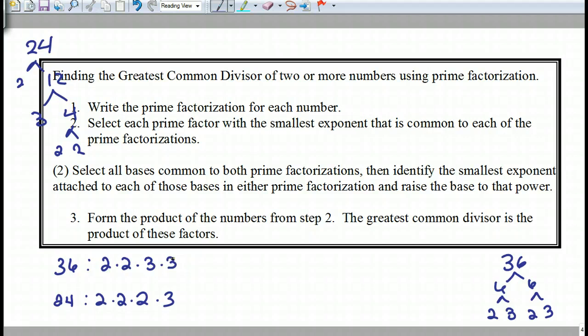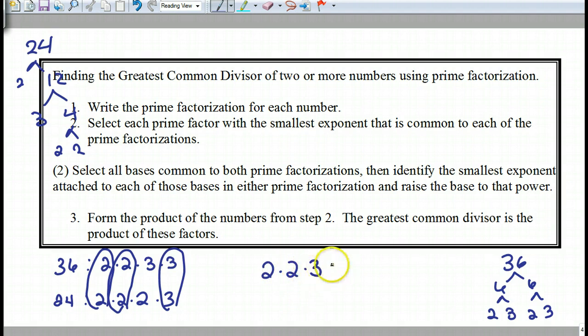Okay, so that's the first step. The second step to finding the greatest common divisor is to circle the ones that they have in common, the pairs. Okay, there's 2 pairs of 2's and then 1 pair of 3's. So 2 times 2 times 3, that's 12. That's the greatest common divisor.